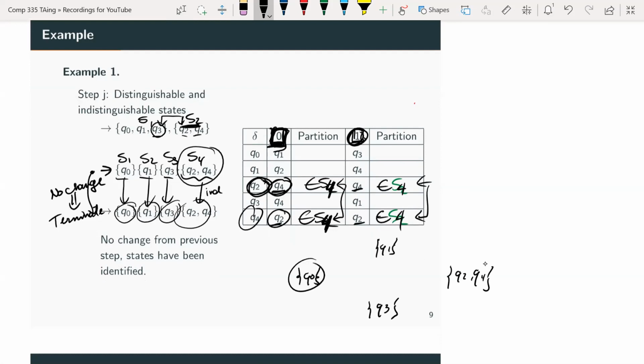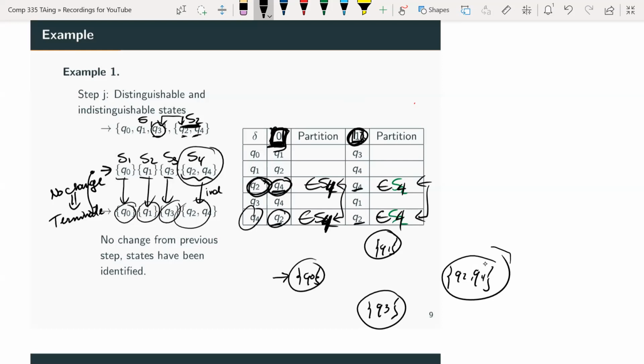The partition that contains the initial state is going to be the initial state, and the partitions that contain final states will be final states. Remember here, Q2 and Q4 are the final states. It just so happens that at the end they're again together, so we again only have a single final state.